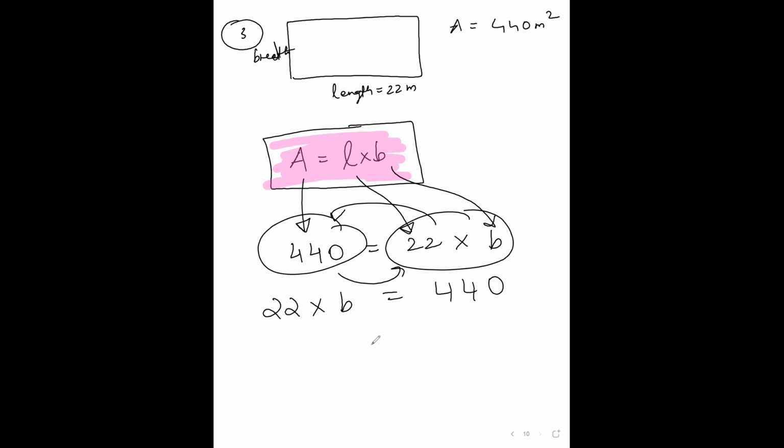Can you find B? B is equal to 440 by 22, which is equal to 20.